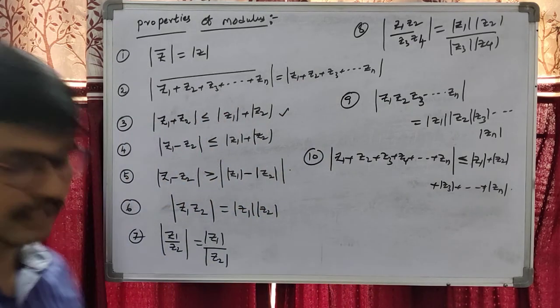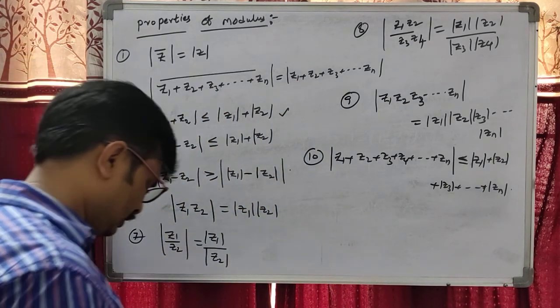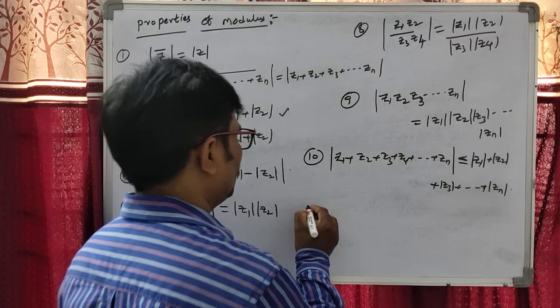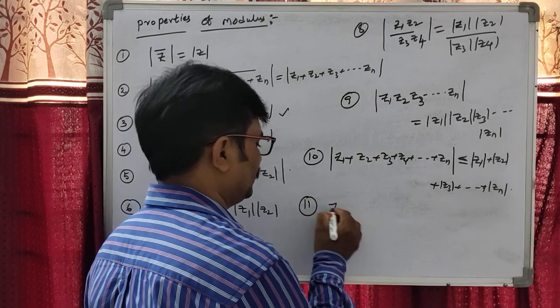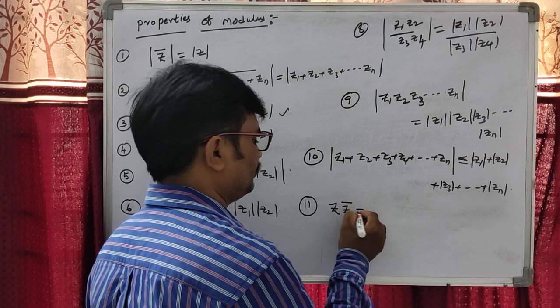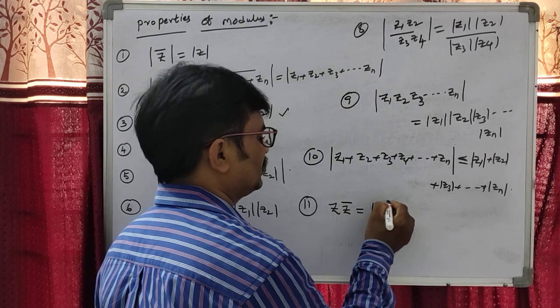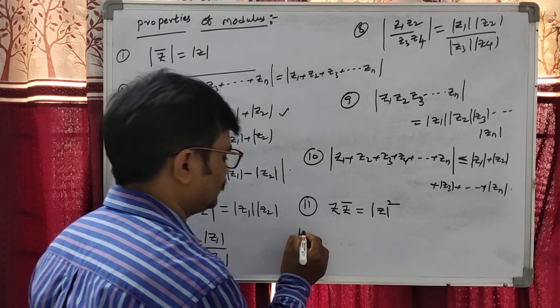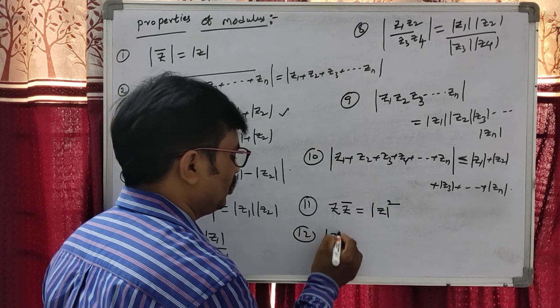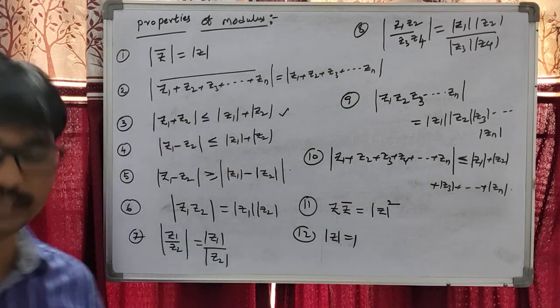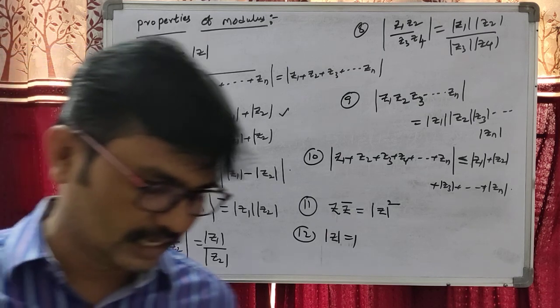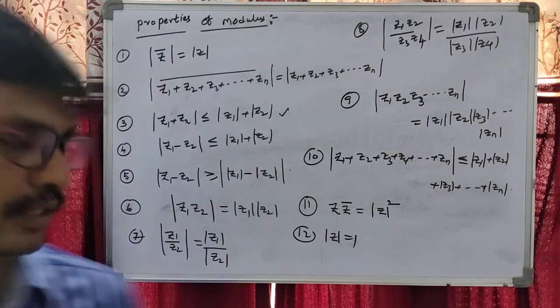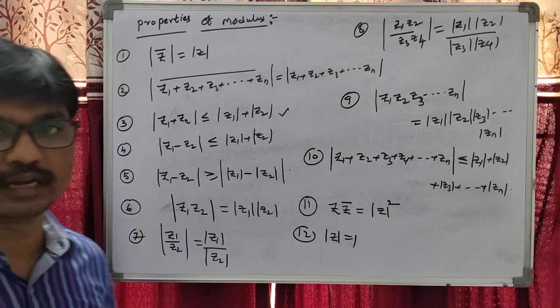Okay, students, now the 11th property. Already just now I proved that z into conjugate z bar is also |z|². Now, dear students, the 12th one: suppose |z| = 1, the modulus is 1, then z is called unimodular.